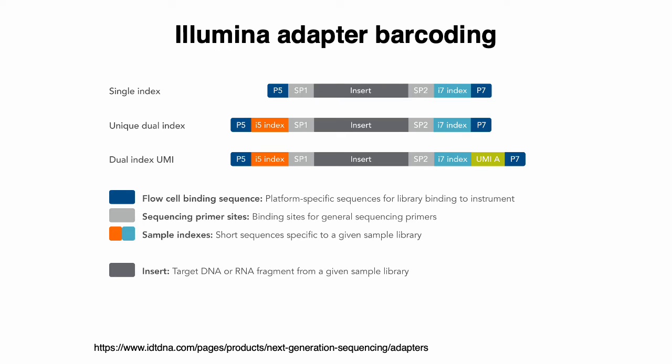Because each fragment has its own UMI tag, even after amplification you can distinguish PCR duplicates, because when you have a PCR duplicate, you'll have two sequence fragments with the exact same UMI.